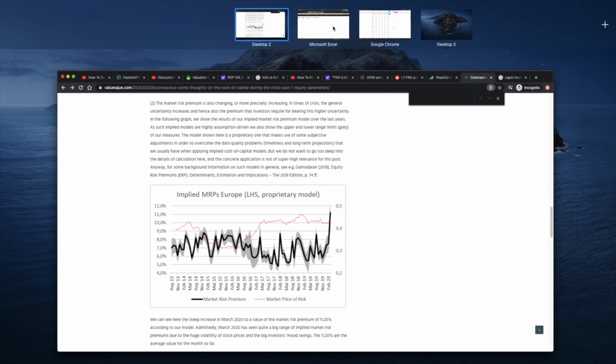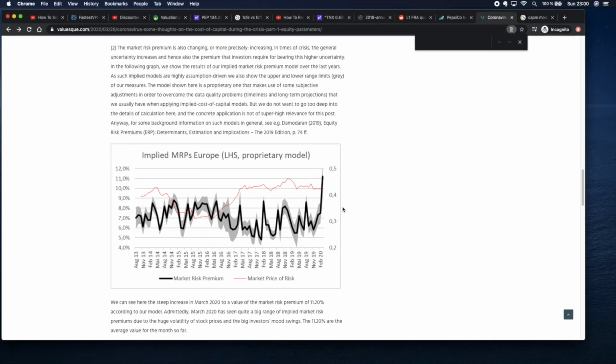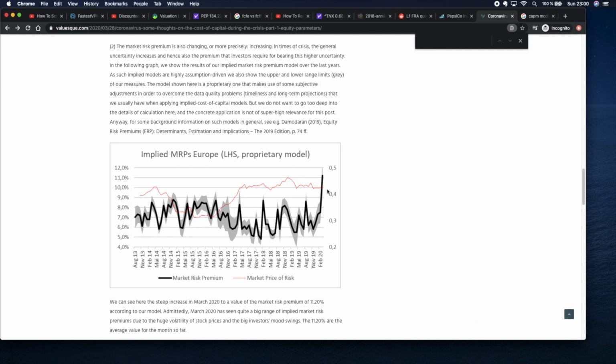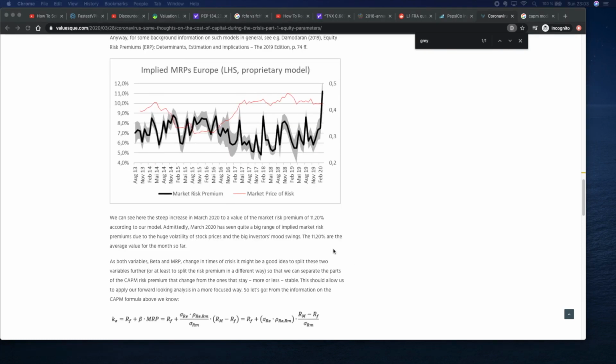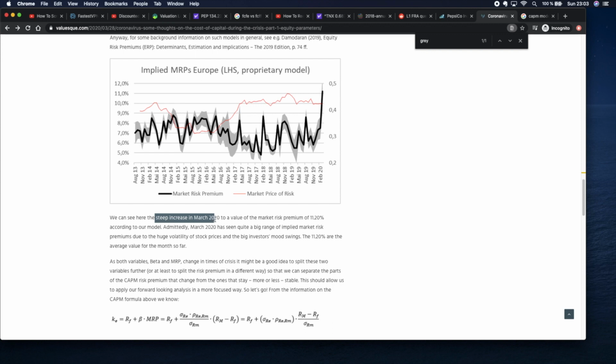So let's see what it says here. In Europe, this graph shows us that on average, the market risk premium, which is the black bolded line right here, saw a steep increase in March 2020 to a value of 11.2% according to the model.